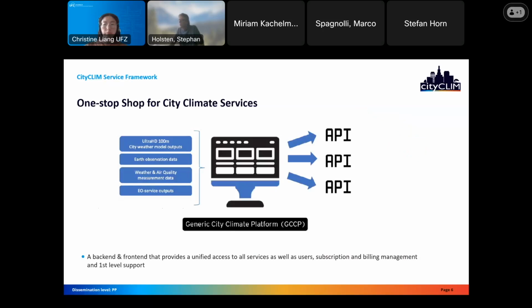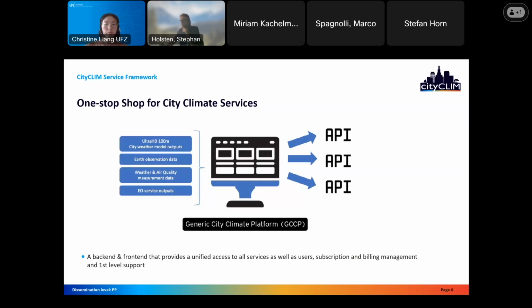A bit of technical background, without going too much into detail. At the core of this service is the so-called generic city climate platform, GCCP, where information coming from outside, be it the very high resolution weather model that you will see later during this webinar, Earth observation data from the Copernicus program and other sources, weather and air quality measurements, and in situ measurements in the cities themselves or in the regions, are all integrated and then distributed to the different customers, or users, of these services.